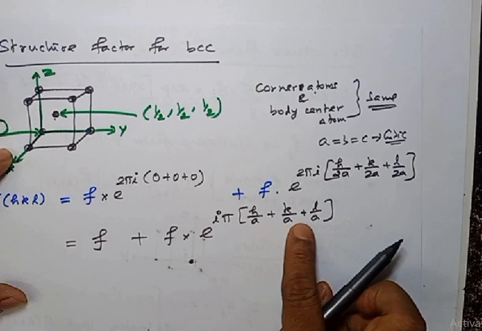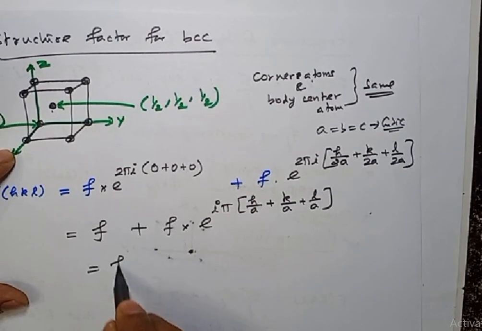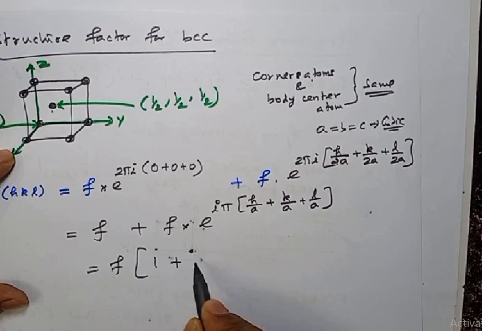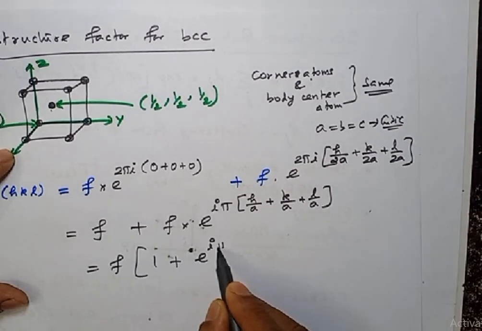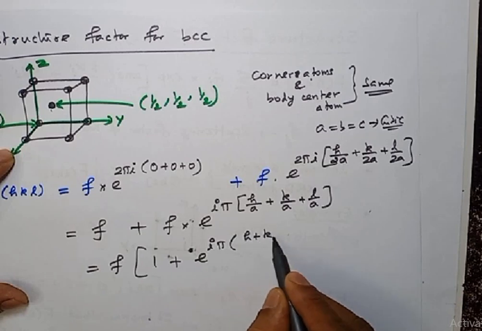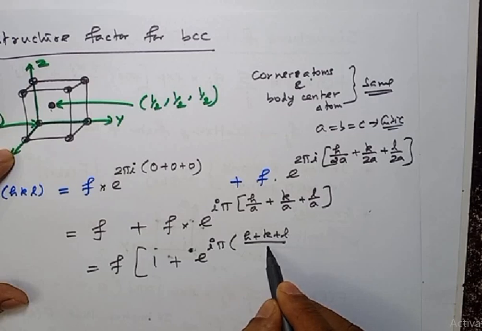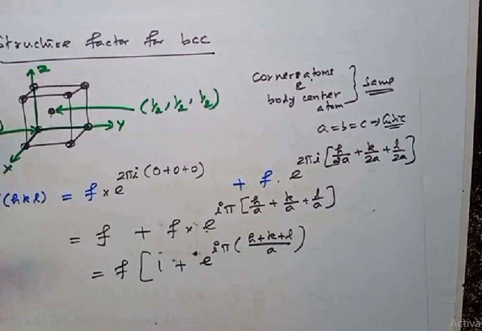Now the bases are the same, so I can take the LCM. You take f as common here, f into 1 plus e power i into pi, h plus k plus l divided by a here.